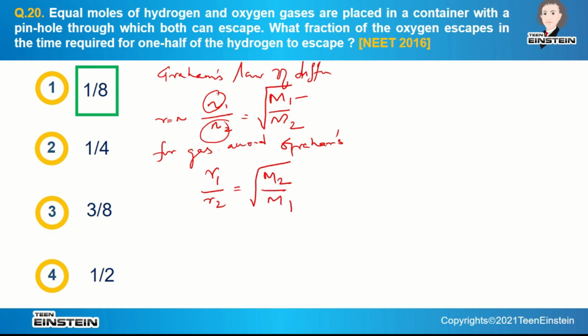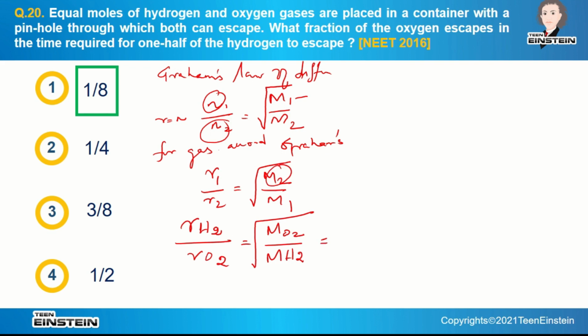So here r1 we write as the rate of diffusion of hydrogen, and r2 the rate of diffusion of oxygen, and m2 indicates the molar mass of oxygen divided by the molar mass of hydrogen.